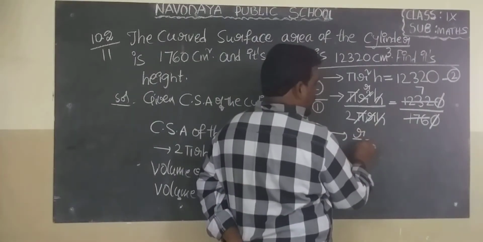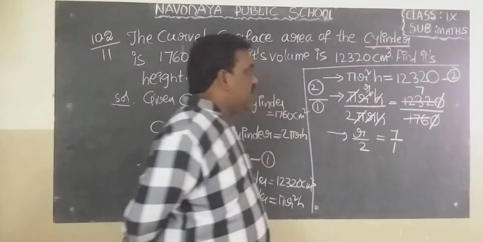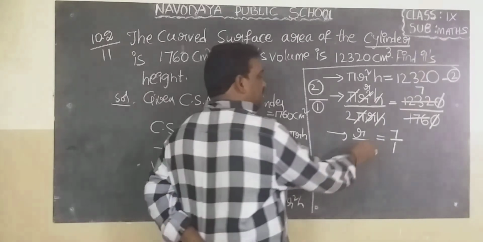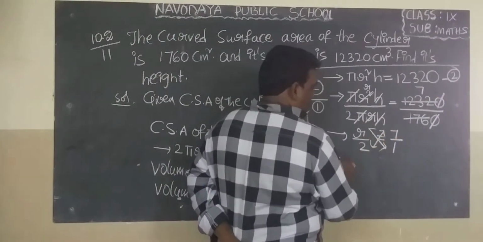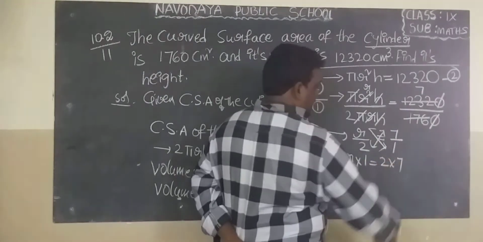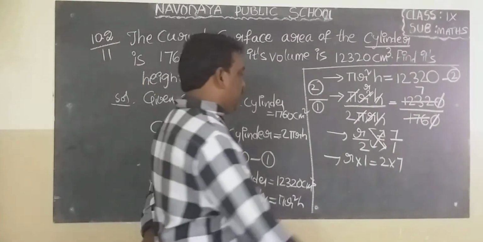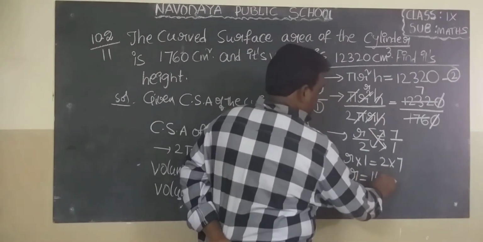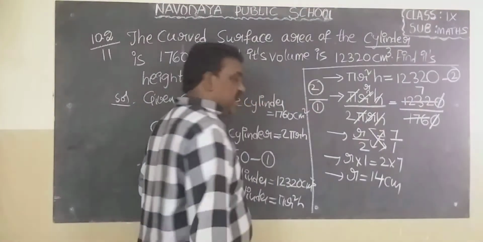R by 2 equals 7 by 1. Do cross multiplication. R into 1 equals 2 into 7. R into 1 is r. 2 sevens are 14. So r equals 14 centimeters. Radius completed.